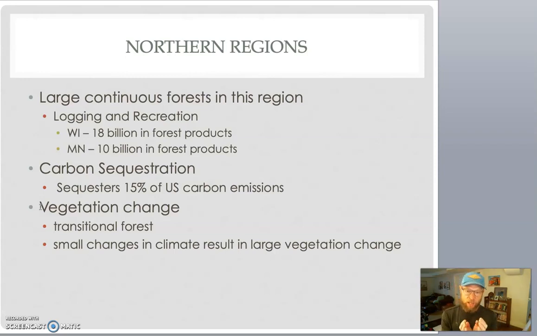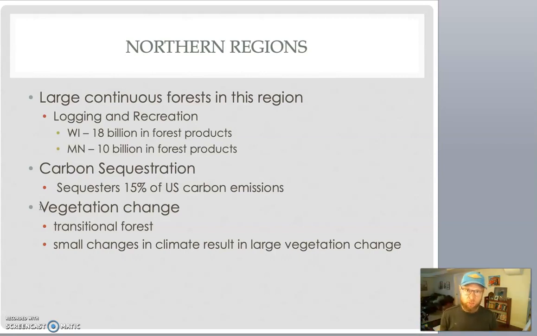What's happening right now is that the boundary between the boreal and the eastern deciduous is moving north or moving up in elevation. We're seeing that the spruce and fir seedlings that get established don't usually survive very long in those forests, and then they're being replaced by deciduous forests, especially maple, beech, and birch trees. So we're seeing a big transition, with the areas that used to be boreal forests getting pushed further and further north.